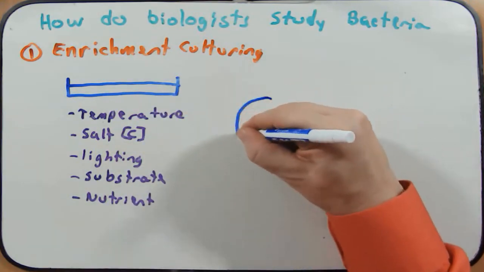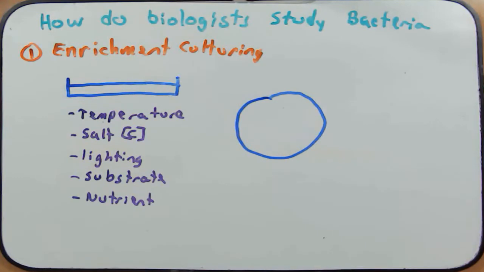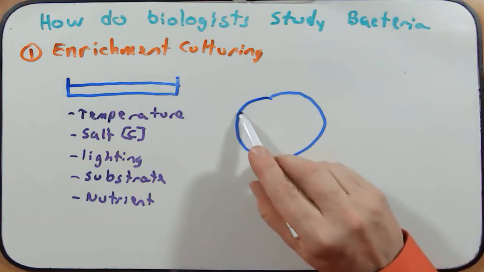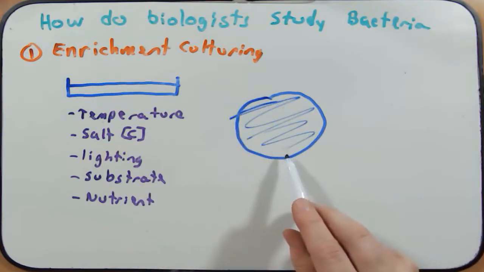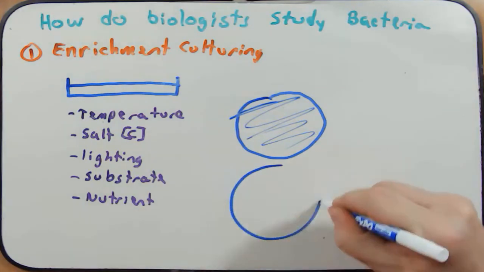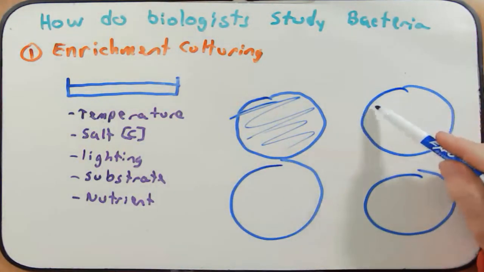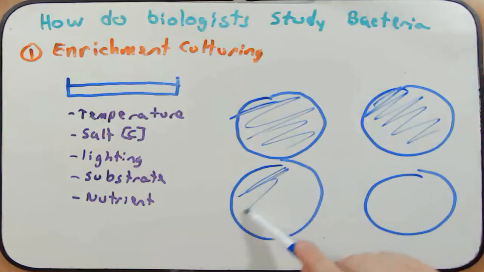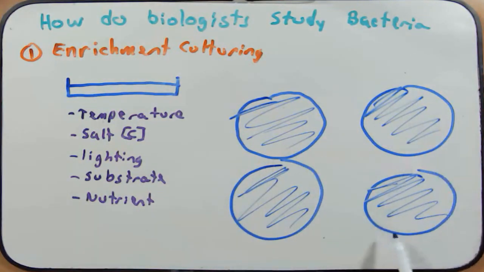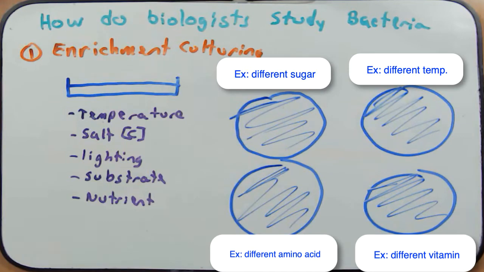So I'm going to just draw it like this now. A scientist may go out into the environment, maybe grab a soil sample, maybe samples from a tree or a plant, or from an animal, from the ocean, wherever it might be. And they will plate it on a petri dish here. They may have several of these plates that they've plated the same bacteria on, each with a different set of conditions, trying to identify what conditions will allow certain bacteria to grow.